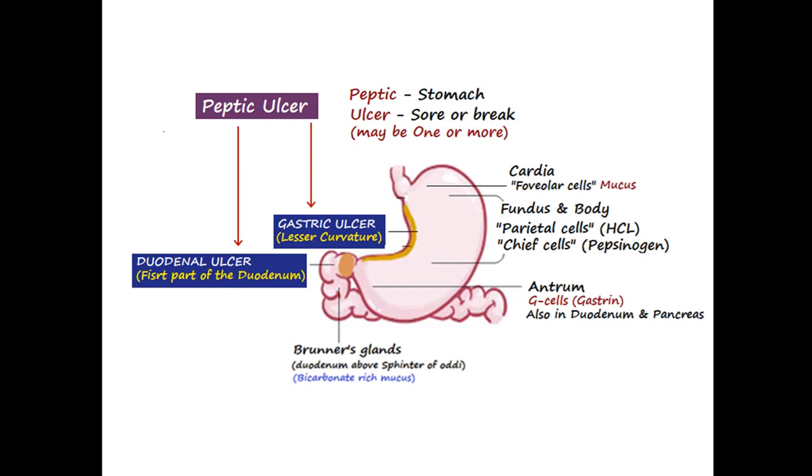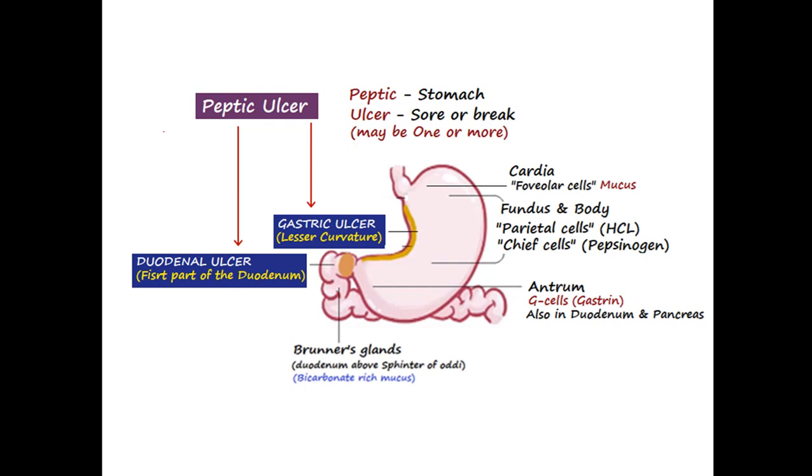The stomach is exposed to a very harsh environment, and therefore its mucosa is comparatively thick as compared to the duodenum, which is momentarily exposed to the acidic contents that enter the duodenum through the pyloric sphincter from the stomach.